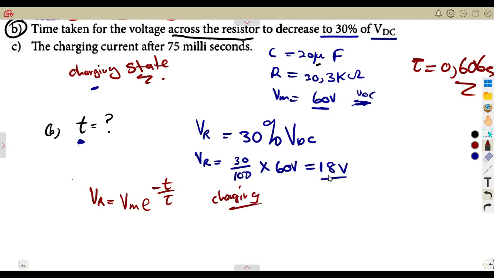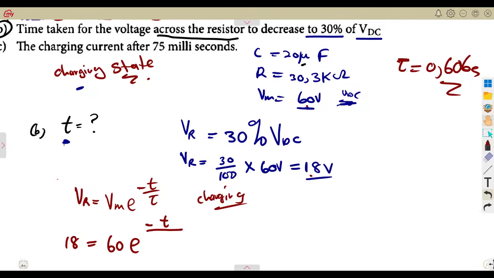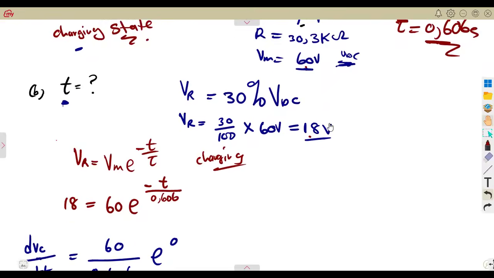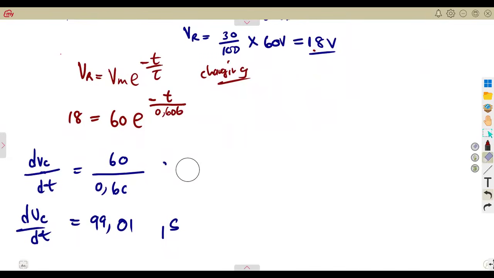Our VR is 18. 18 is equal to Vm or VDC, 60, e to the exponent of minus t, the time that you want to calculate, over tau. Are we having tau? Remember, we calculated tau before in the first equation. So you do not calculate again and again something that you have. You can substitute that. All right, so let's calculate the value of t in that case.